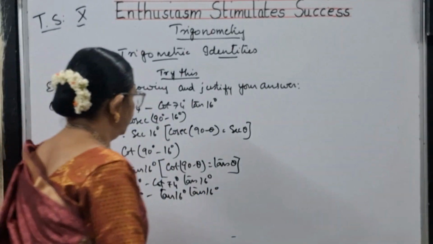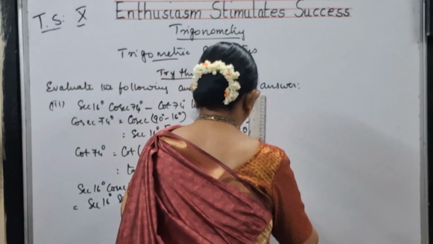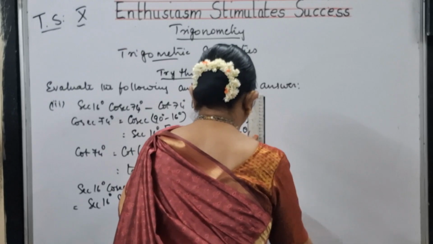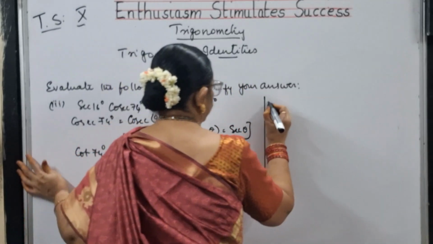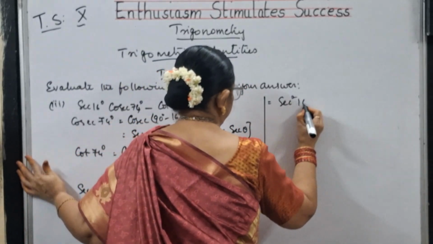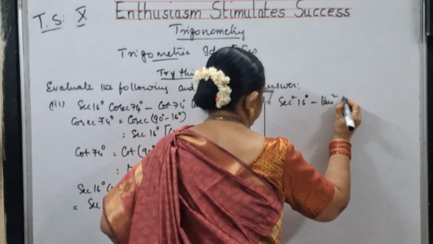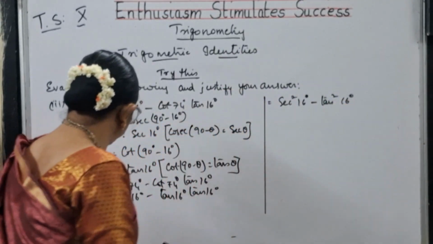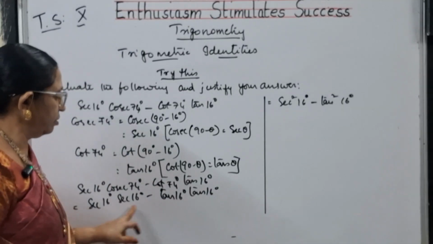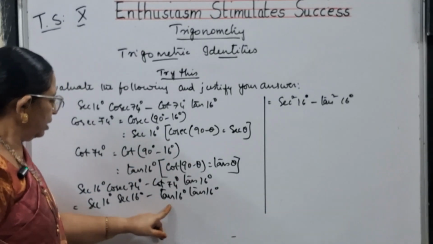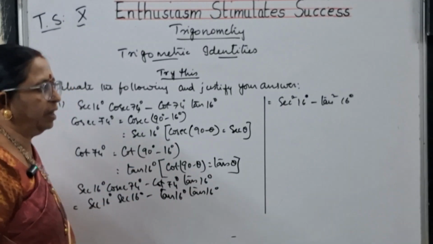This means secant square 16 degrees minus tan square 16 degrees.